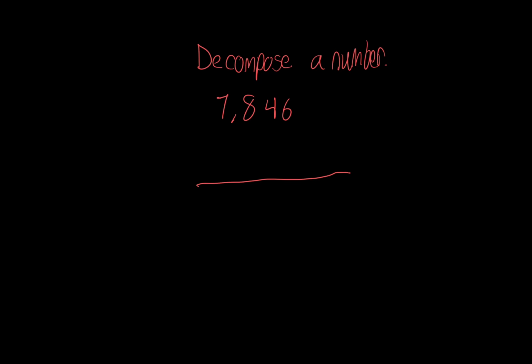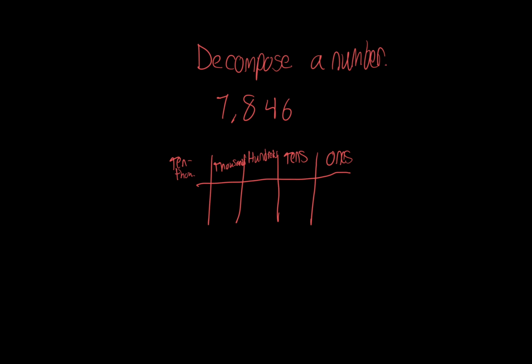You're going to draw your place value chart. 1, 2, 3, 4. All right, we're going to have ones, tens, hundreds, thousands. All right, and we can have 10,000s. All right, so remember our place value.